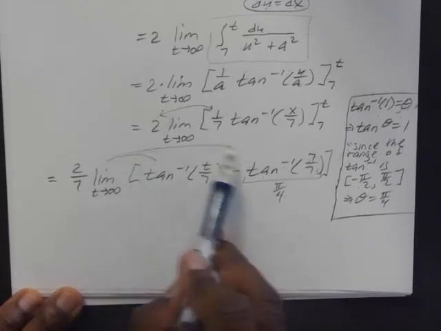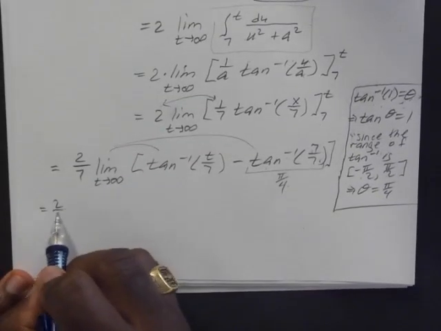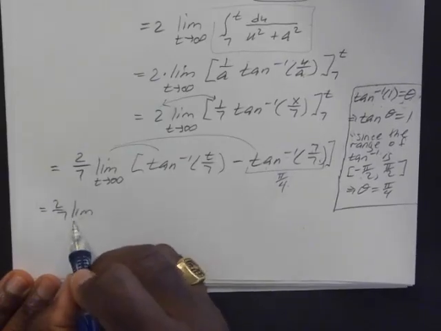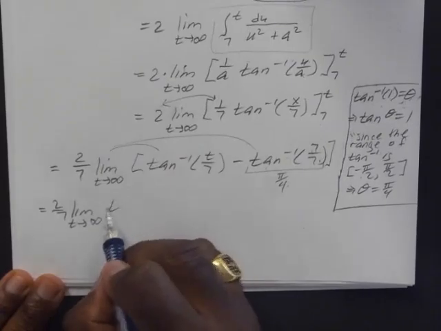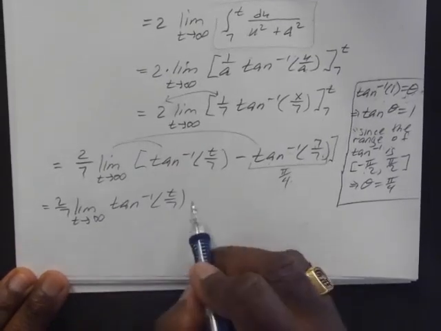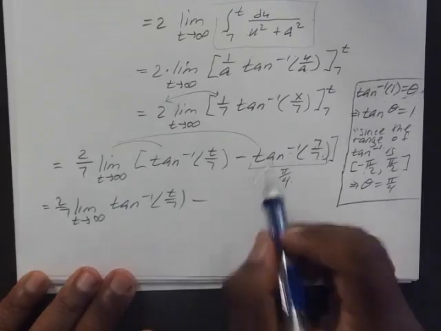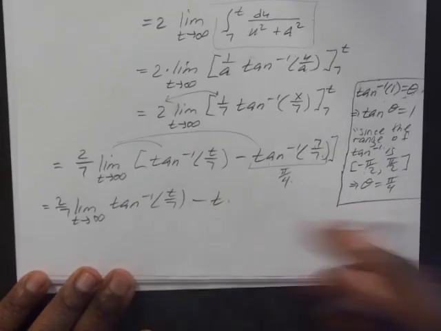Okay. And we know that from the graph of tangent inverse. If we distribute that limit, then that gives us 2 over 7 times the limit as t approaches infinity of tangent inverse of t over 7 minus, there we go. Oh, forgot my limit.